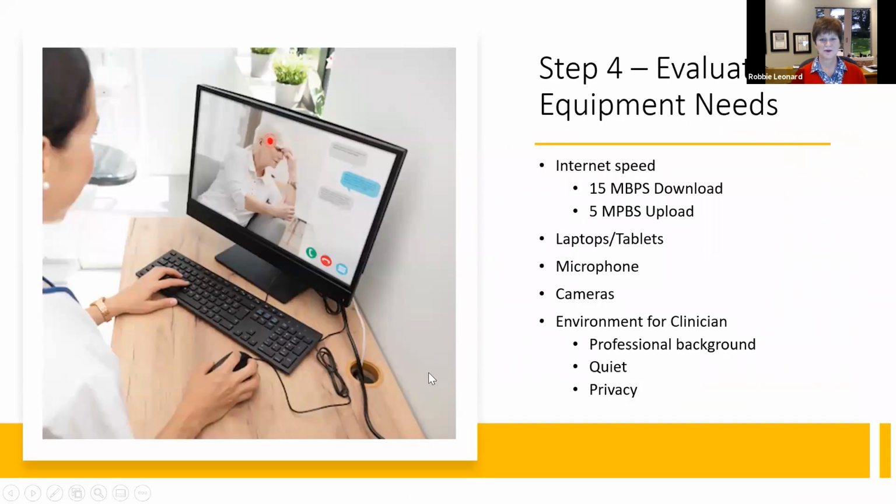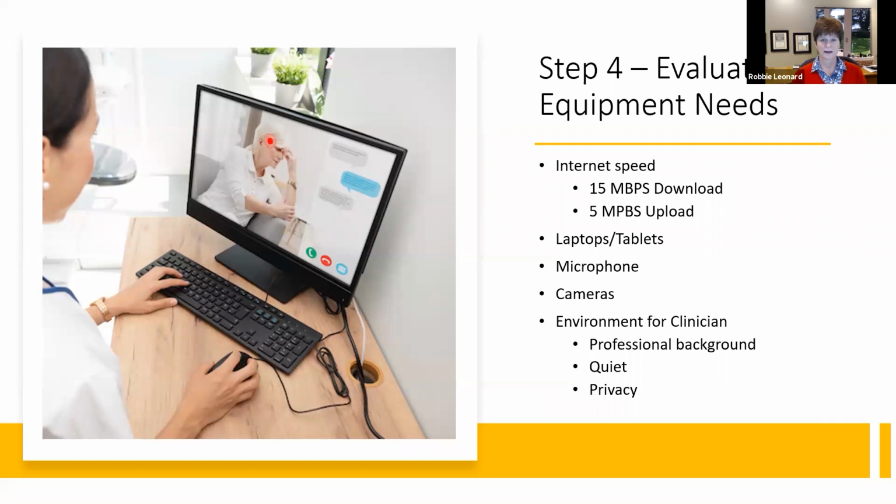Step 4, evaluate your equipment needs. Some of the literature says that the appropriate internet speeds for delivery and reception of telehealth services is a 15 megabits per second download speed and a 5 megabits per second upload speed.